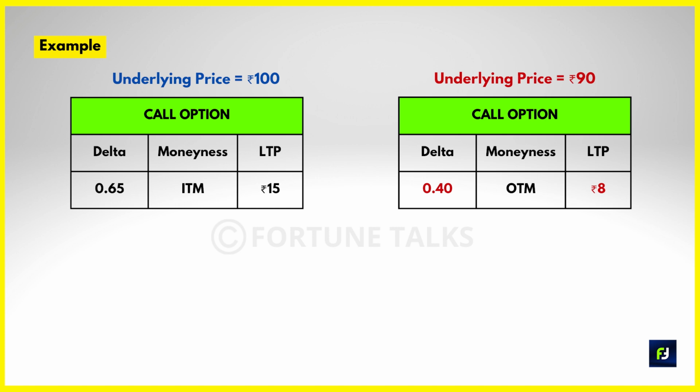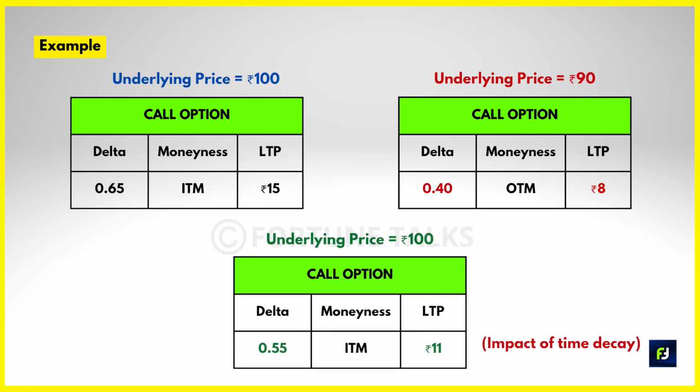Due to this, assume that the delta has now declined to 0.4 and the option price has dropped to 8 rupees. Let us now assume that in a few days' time, the price of the underlying has risen by 10 rupees, thereby rising back to its old price. However, given the lower delta and the impact of time decay, the option price has risen just to 11 rupees.